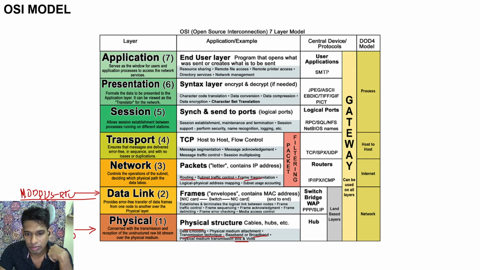And frame fragmentation. Suppose you are having a frame which is larger than a frame that is allowed by the data link layer. Suppose the data link layer has a restriction, you can only send 1 KB at a time in one frame.